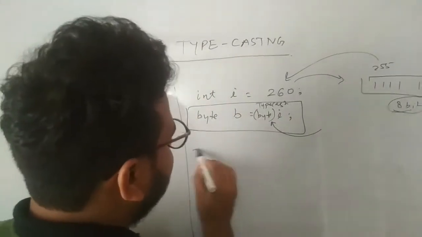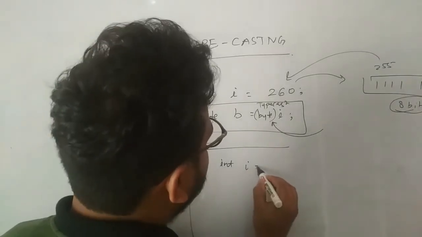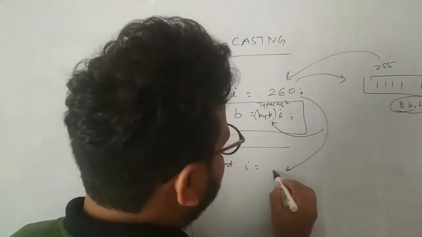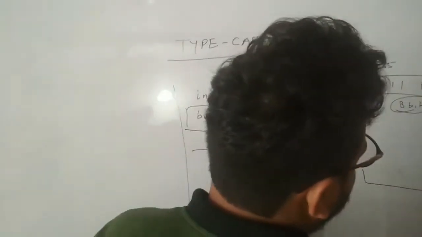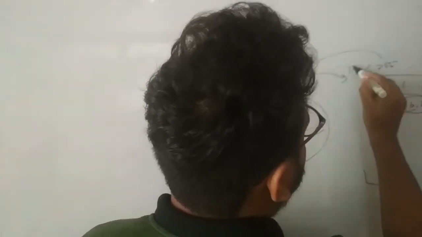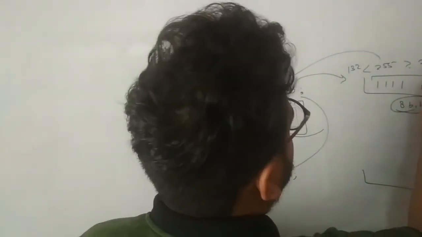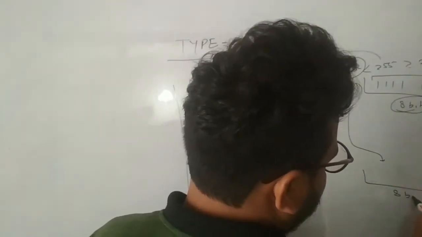Now let me take another example. Suppose I have the same thing, and I have 132 instead of 260. So 132 is less than 255, so it will fit into 8 bits.